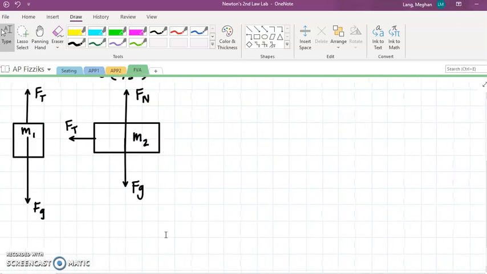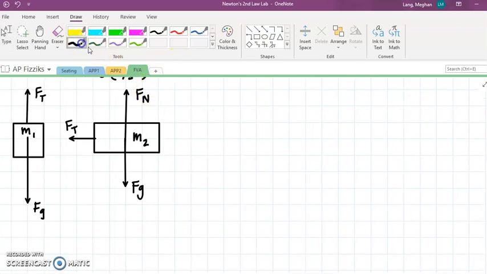So these objects are no longer in equilibrium. So when they were in equilibrium, the sum of our forces was equal to 0 because the force going up was equal to the force going down. But now that is not a true statement anymore.